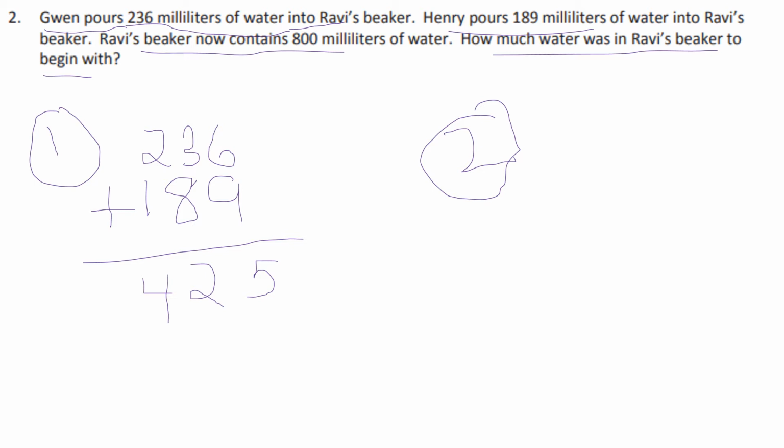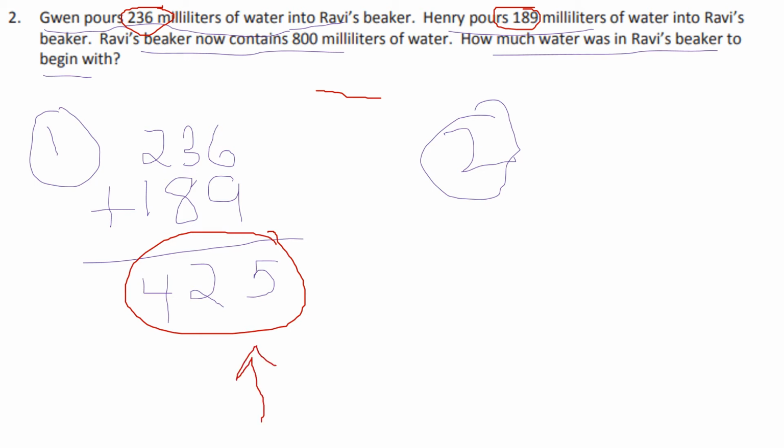So first you can see I added Gwen's water and Henry's water together, which gave me 425. What do you think you're going to have to do now? I will give you another hint. It will need to use subtraction. Remember, you're going to want to use this number that we just found and one other number. Good luck.